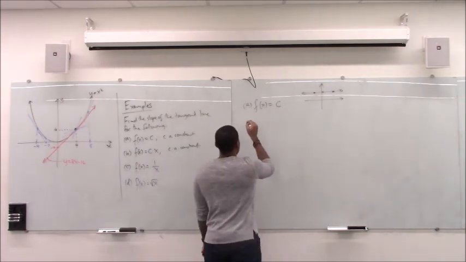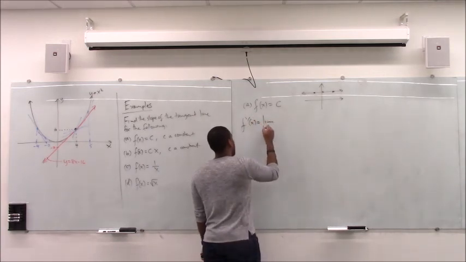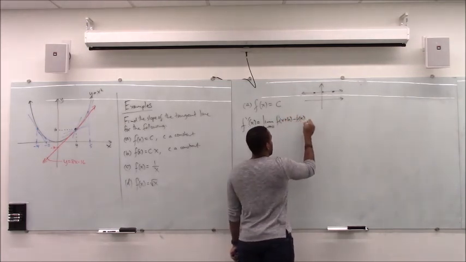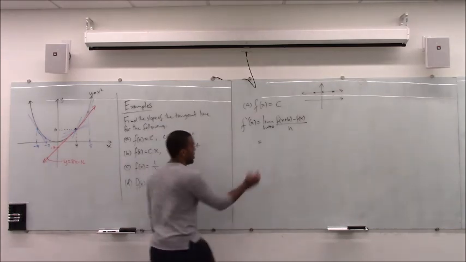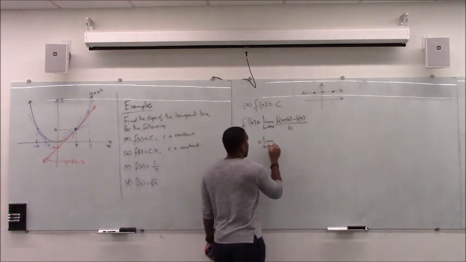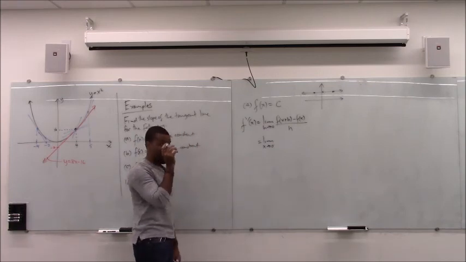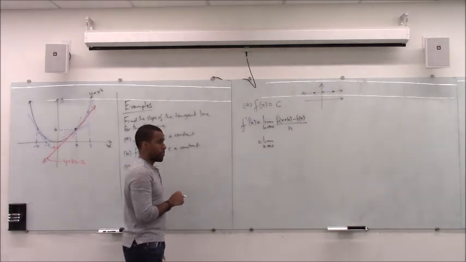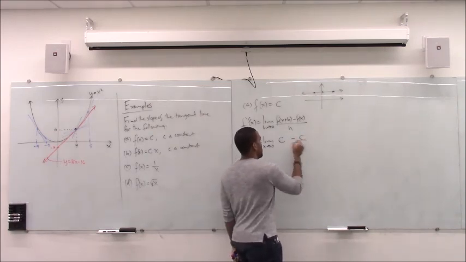But let's actually do the calculations. Do our calculations agree? We're asked to find f prime of x. What is that? Limit as h approaches 0 of f of x plus h minus f of x over h. Keep writing it down until you remember it. Okay, so if my f of x is c, what is f of x plus h? Just c. It's not going to change.